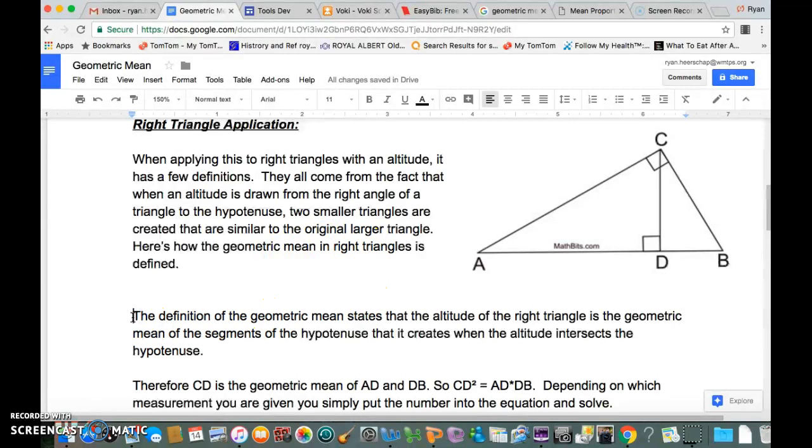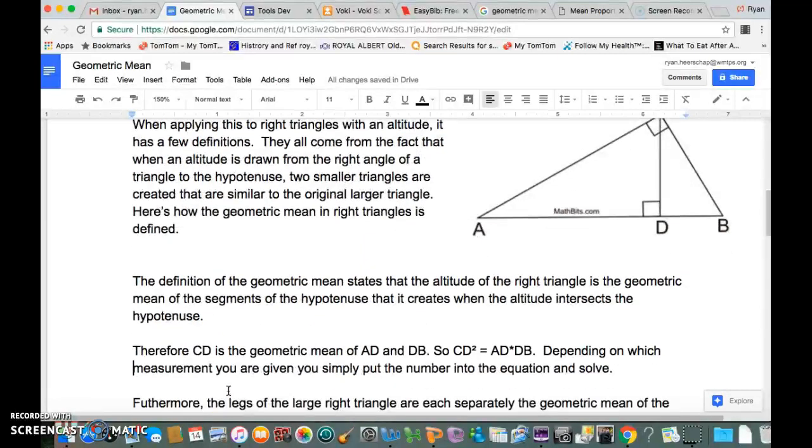So the first definition, the definition of the geometric mean states that the altitude of the right triangle is the geometric mean of the segments of the hypotenuse that it creates when the altitude intersects the hypotenuse. All right, so that's a lot of jargon, but here's the details behind it.